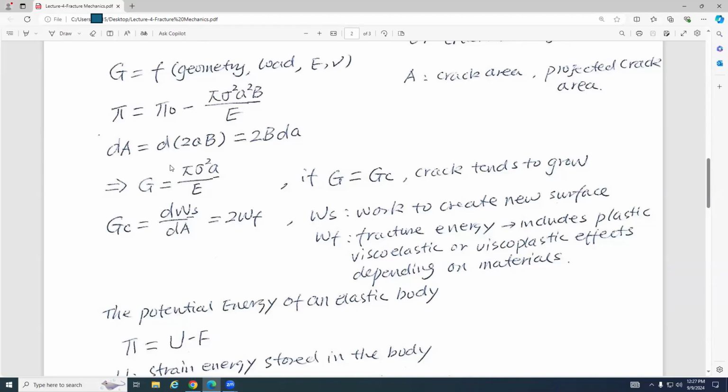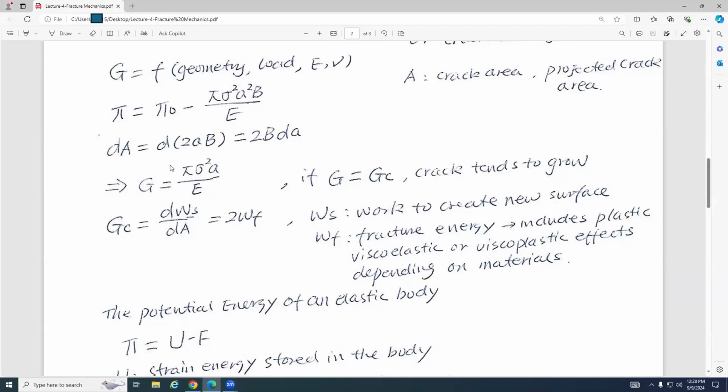GC equals dWs divided by dA, where A is area. Ws is the work to create a new surface. And we have another one, omega F, the fracture energy, which includes plastic, viscoelastic, or viscoplastic effects, depending on the materials.